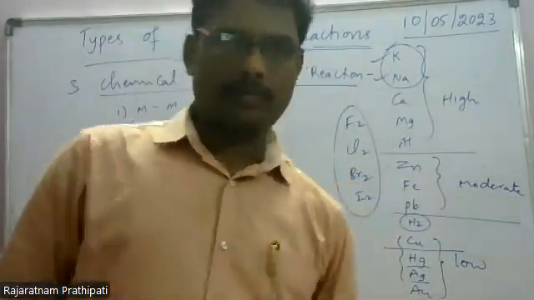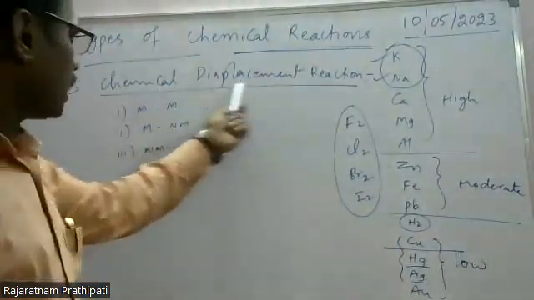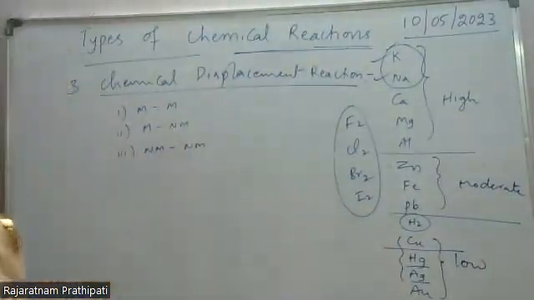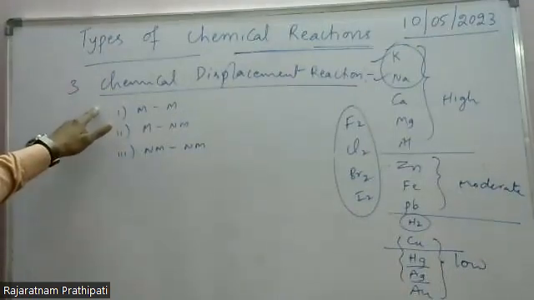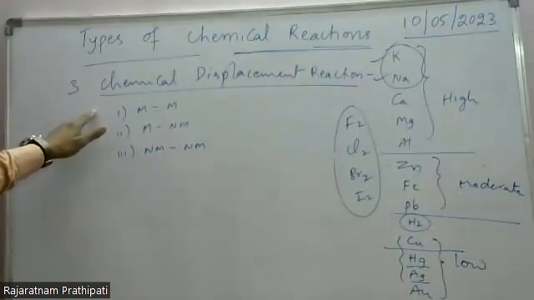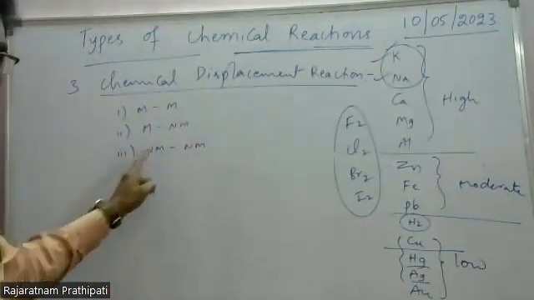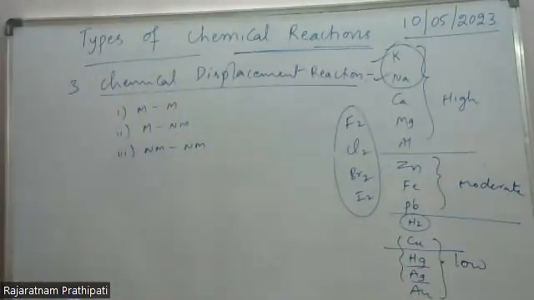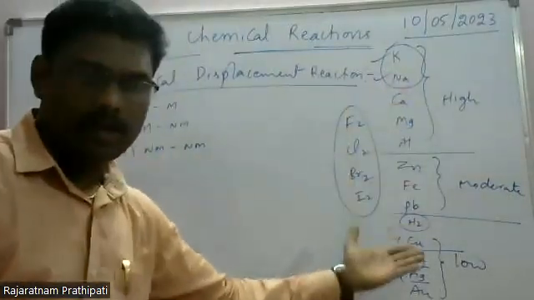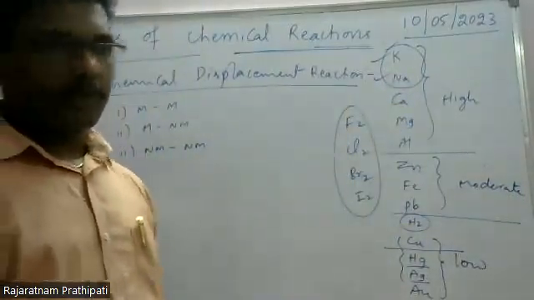In previous class, we have discussed chemical displacement reactions, and these are of three types: metal displacement, metal non-metal displacement, and non-metal displacement. And these are the metal and non-metal activity series.